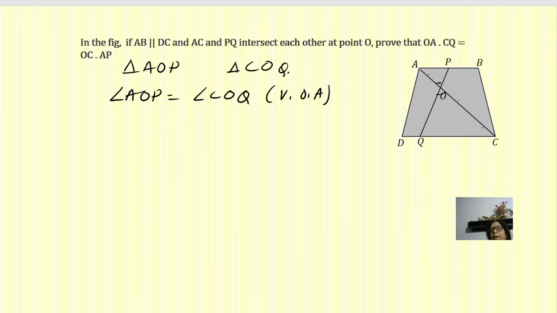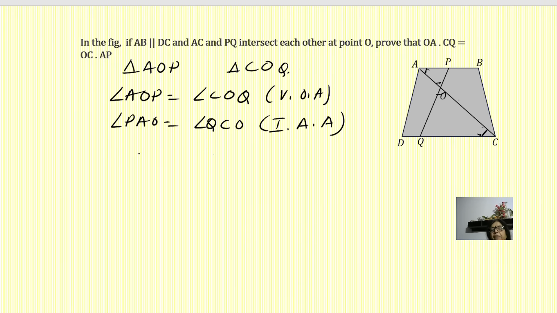Then AB is parallel to CD. So we get this angle A is equal to this angle C over here, interior alternate angles. So I can write angle PAO is equal to angle QCO, a pair of interior alternate angles.